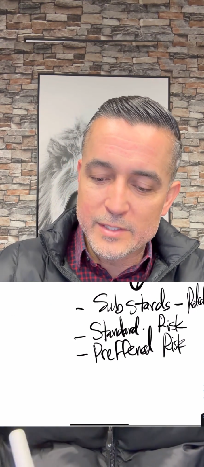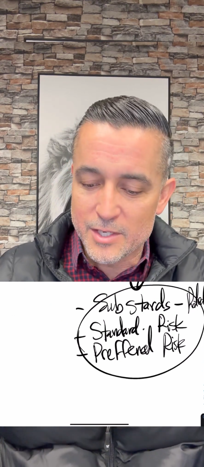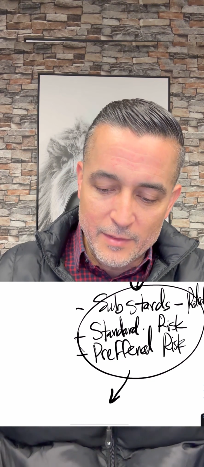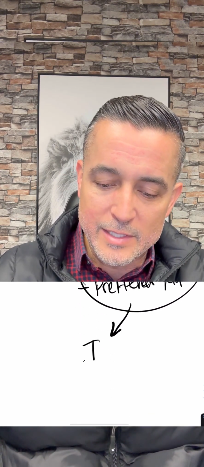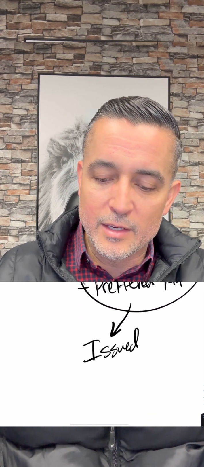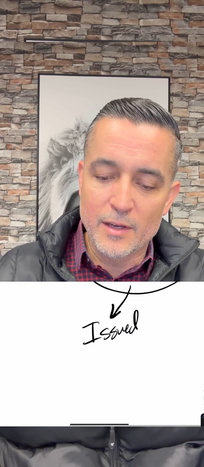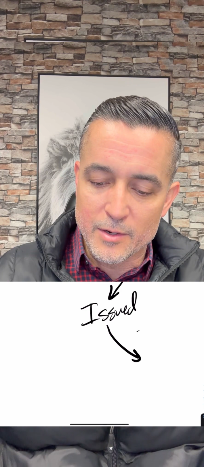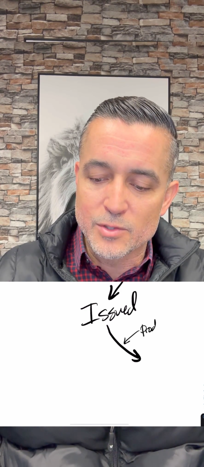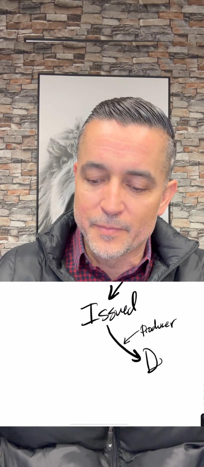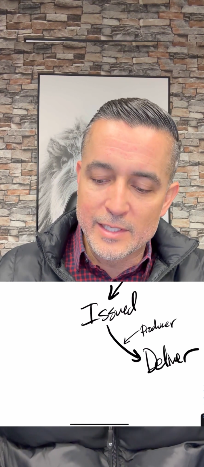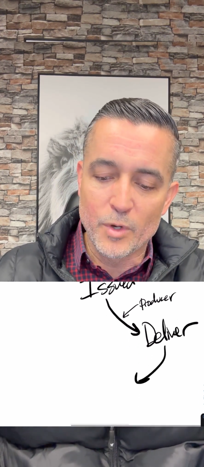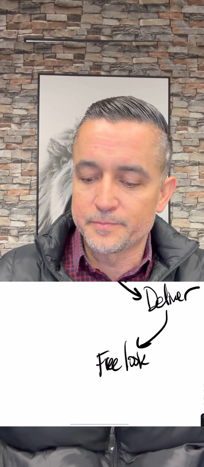Once they determine the classification, the policy is now issued. When it's issued, the producer has to deliver the policy. And when the policy is delivered, that's when the free look period begins.